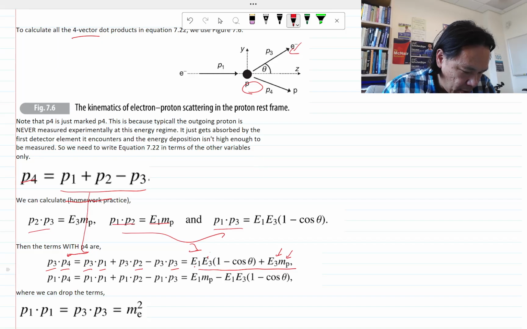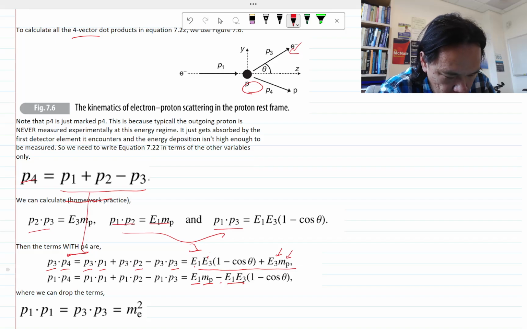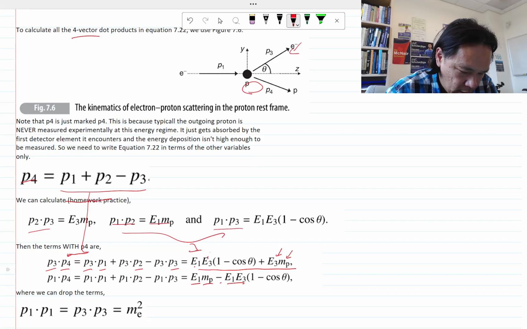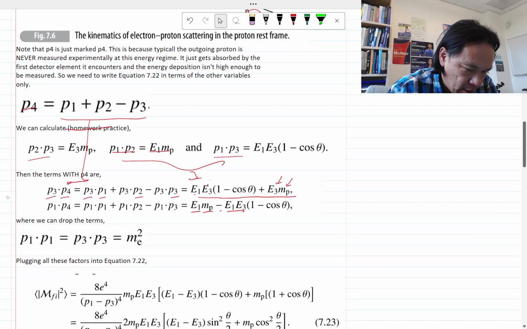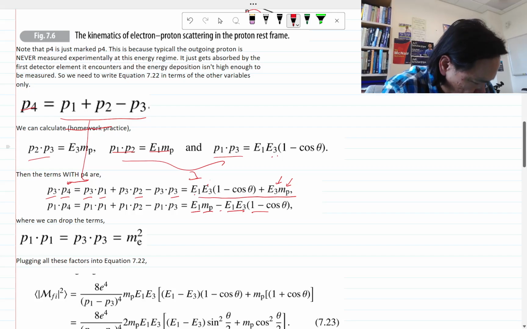P1.P4 is going to be the energy of the incoming electron times the mass of the proton, minus the product of the two electron energies times 1 minus cosine theta once again. Notice that these always stick together because that's always P1.P3.